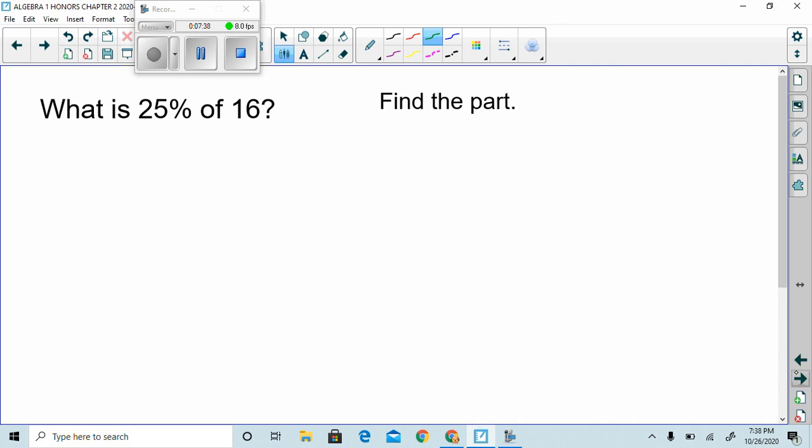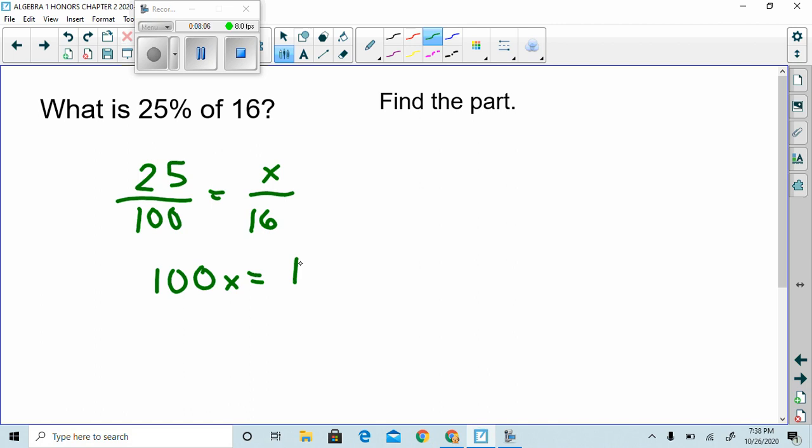What happens when I have the percents and I'm looking for the parts? Again, I can set up this proportion. 25% is 25 out of 100, part to total. What percent of is my total? Okay, so what percent? I'm looking for the part. I will again do cross products. 100x is equal to 16 times 25.